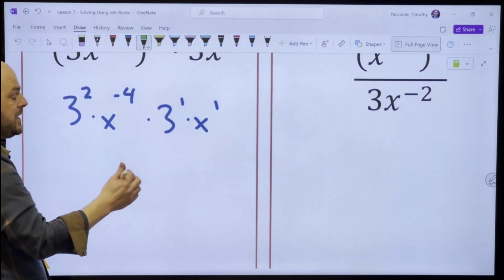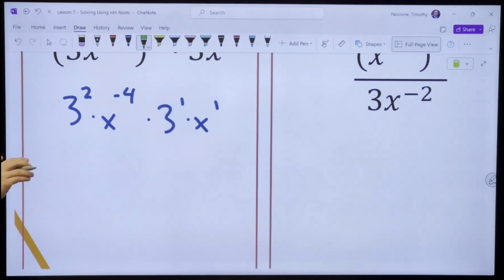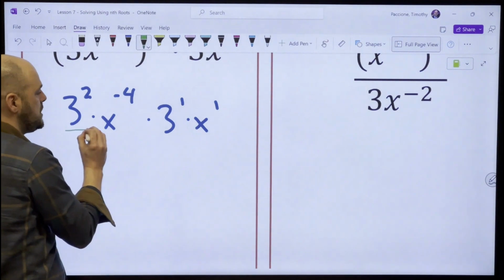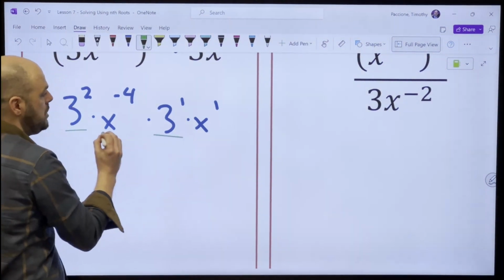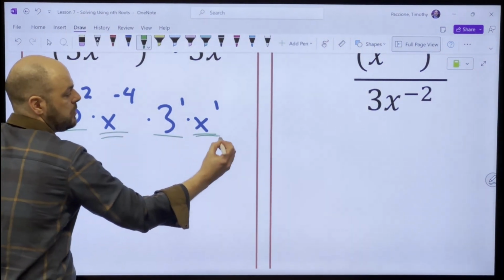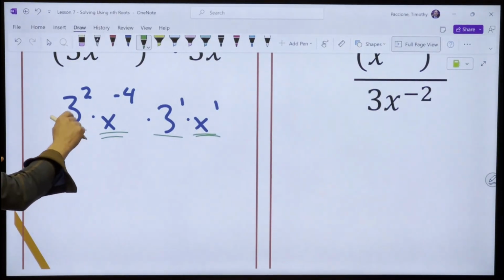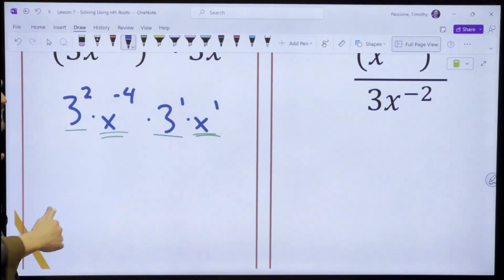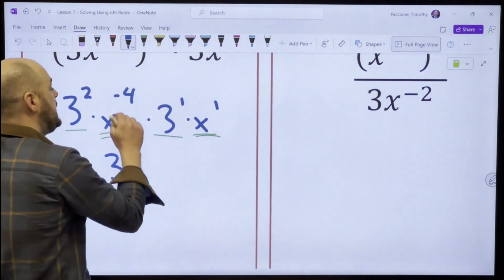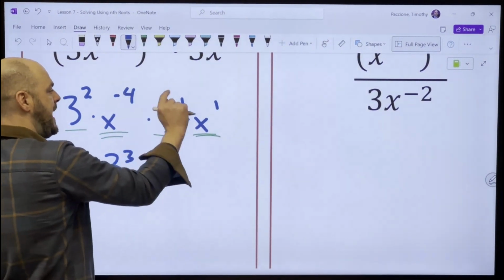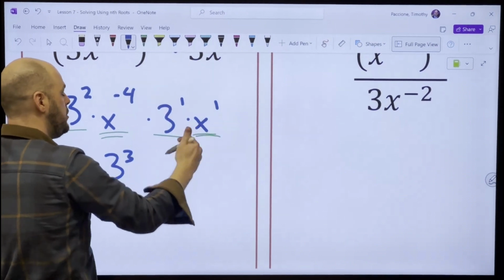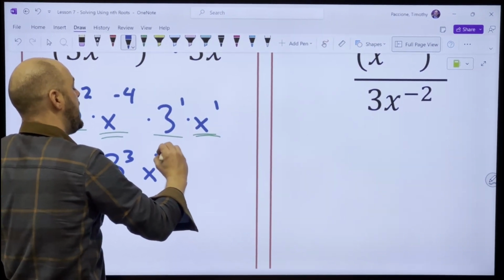They don't have to be next to each other, right? So you kind of do like the like terms type deal where you can use the underline method. This and this can go together. This and this can go together. So 3 to the 2 times 3 to the 1, that's 3 to the third, right? And x to the negative 4, x to the 1, add those together, you get x to the negative 3.